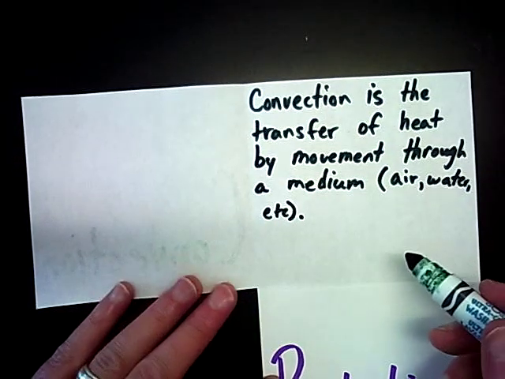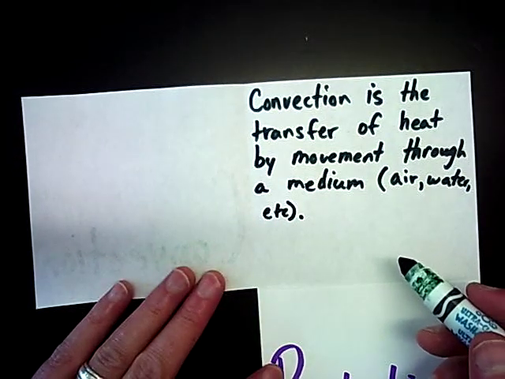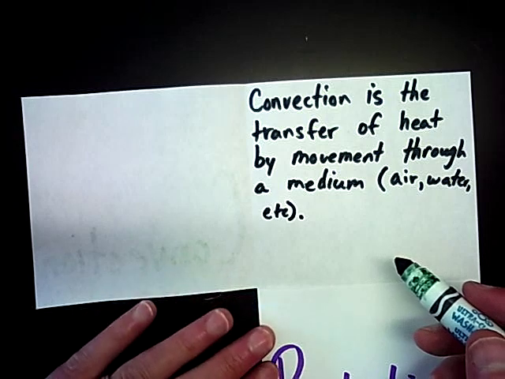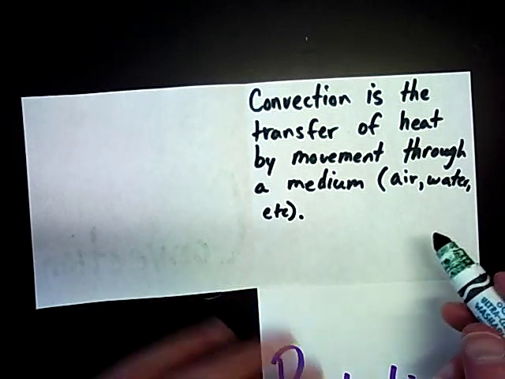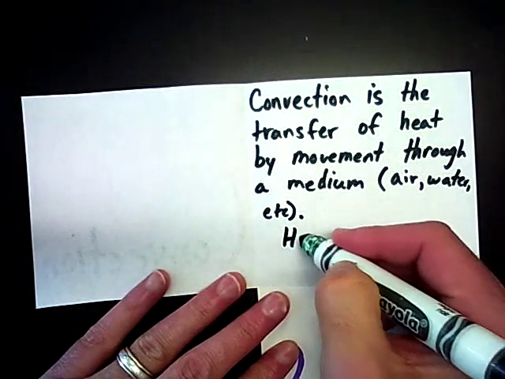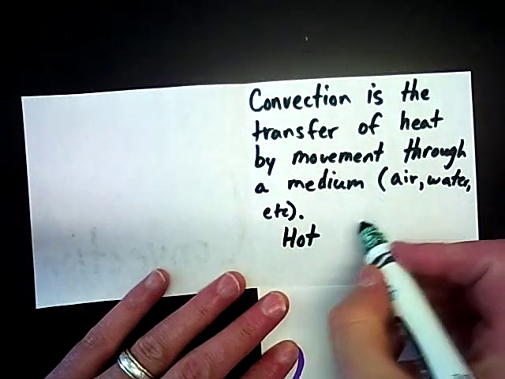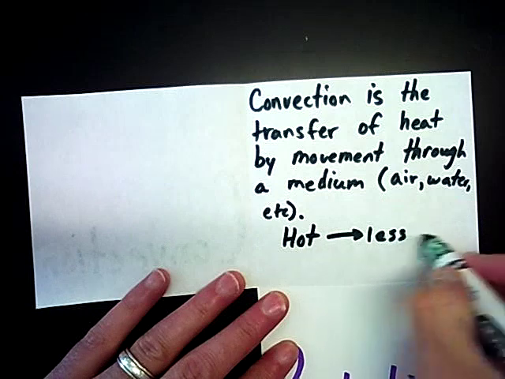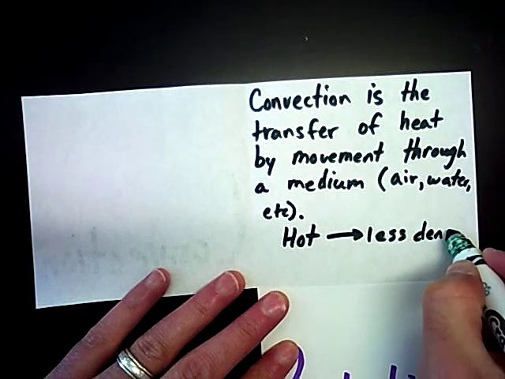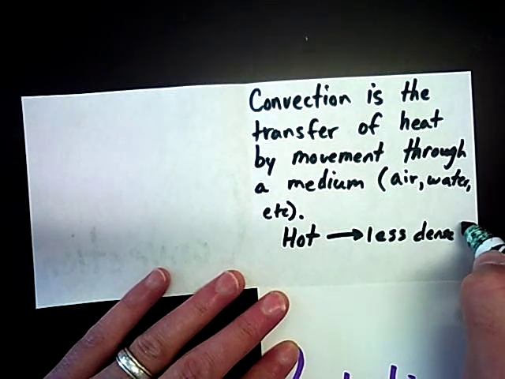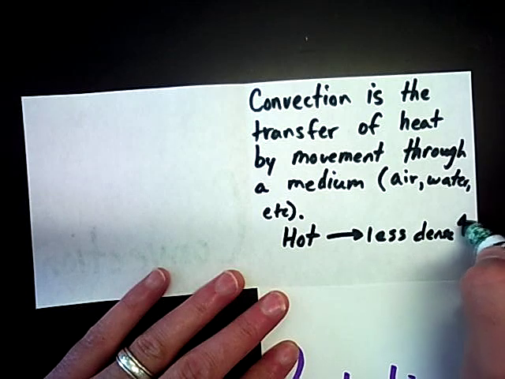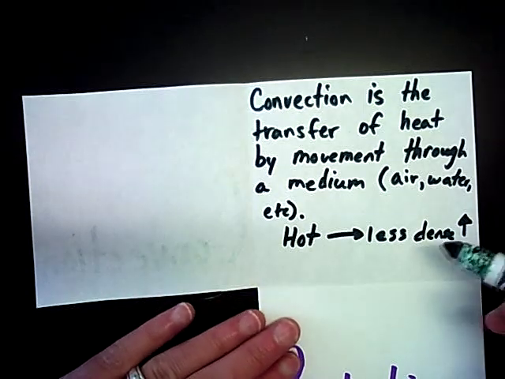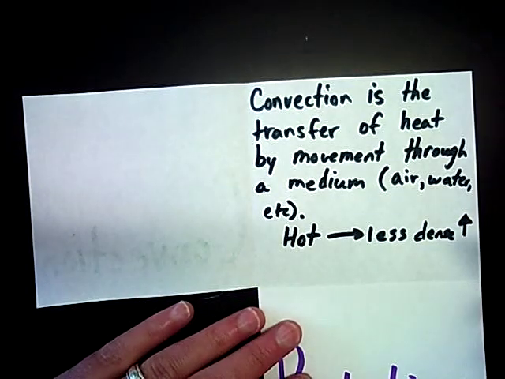Okay. And what causes it to move is changes in density. When something gets hot, it becomes less dense. If something's less dense, that causes it to rise. When we study density, we know that something that's less dense will float.